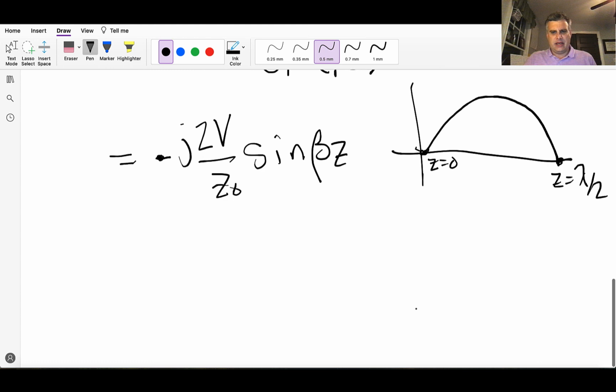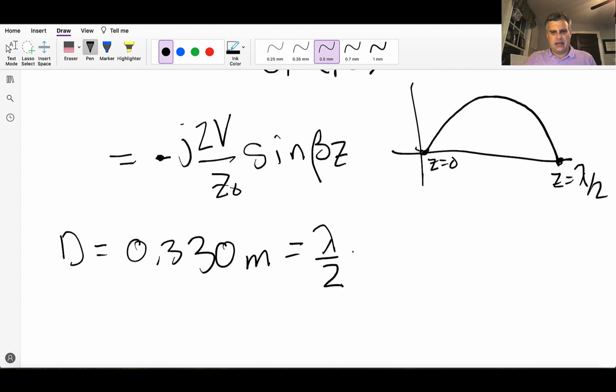So let's do a quick fun calculation here. I went ahead and measured my violin. Between the nut and the bridge, the 2 points that make contact, that's 0.330 meters. We said that has to be equal to lambda over 2.